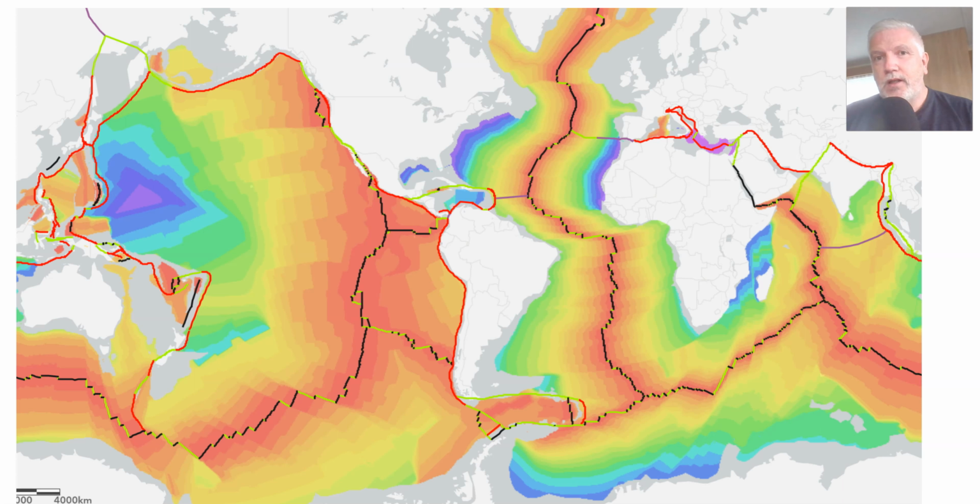We discover actually that the oldest seafloor in our planet is not much older than 250 million years. Which, when you consider the oldest rock that we have on our planet can be billions of years old, that's relatively very young. So we see that although the continents seem to be quite permanent features, although they move around and collide and rip apart, the seafloor seems on geological time to be quite transient.